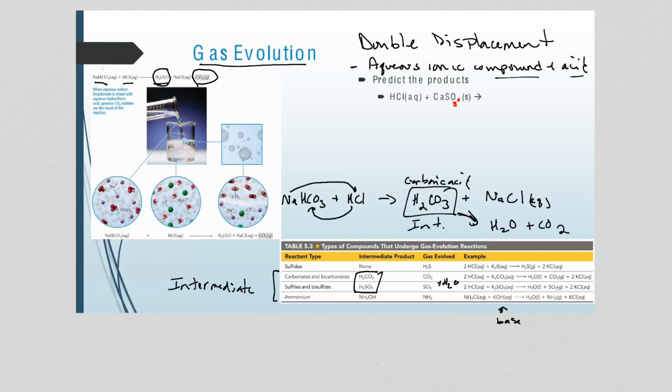You get the initial formation of ammonium hydroxide, which is what the double displacement would tell you, but that ammonium hydroxide breaks down to ammonia gas and water.